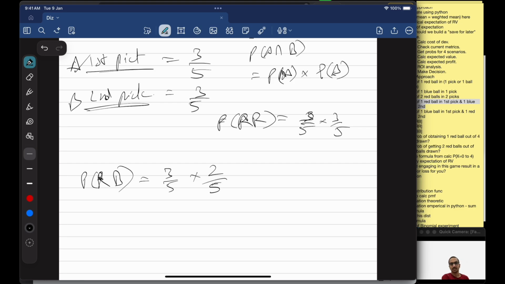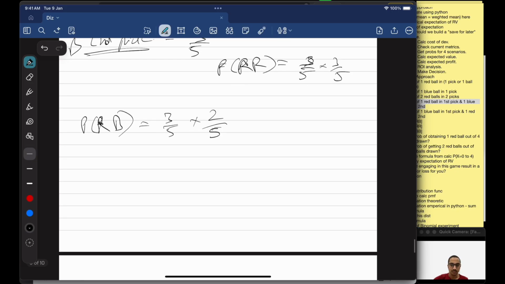Since we are replacing the balls, both are independent events. Me picking a red ball does not affect the probability of picking a blue ball. That is why it's going to be 3 over 5 times 2 over 5.